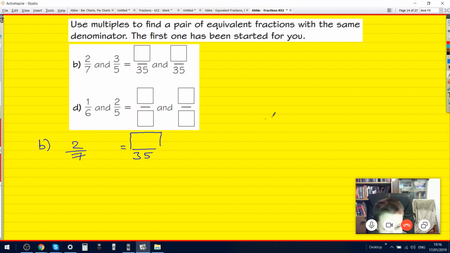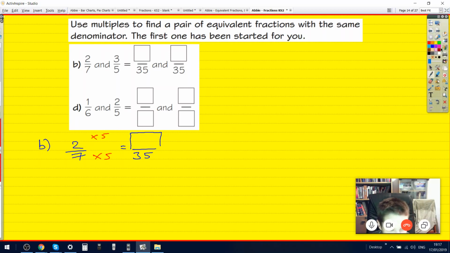So what did they multiply the bottom by? They multiplied the bottom by 5. And so what do you do to the top? Multiply it by 5. Yeah, so this is just simplifying in reverse. Okay, so what goes on the top? 10. Well done.